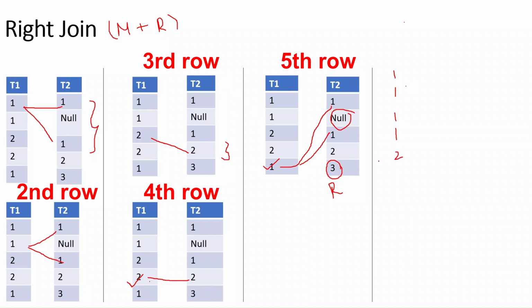From the third row, 2 is present one time only, so 2 will come. From the fourth row, 2 is present only one time, take that 2. From the fifth row, 1 is present 2 times, that is a matched record, so take 1 and 1. At last take the 3 and null, null and 3, because it considers the remaining from the right side table. That's the reason we get the output like that.